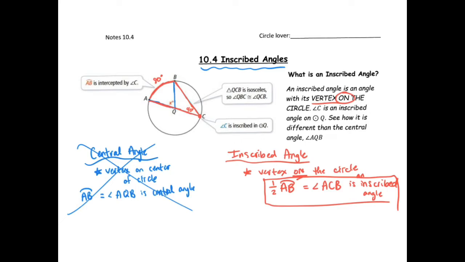Alrighty. So just real quick, I'm going to explain why it's half. Say I don't know this angle here. It's a question mark. And this is a question mark. I know that segment QC is a radius. And segment QB is also a radius.